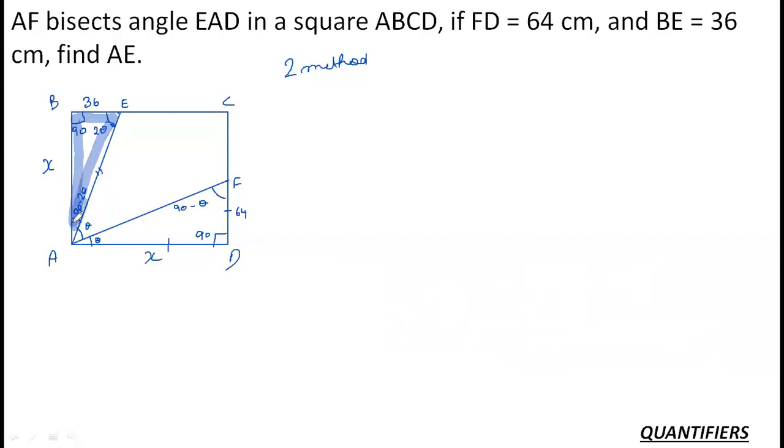If I see it, look at that part. 90 and 2 theta are common. So 90 and 90 minus 2 theta, this is again 90. The sides are equal. This side is equal to this side. Now what I am going to do, I am simply going to shift or rotate this triangle and bring it here. How?